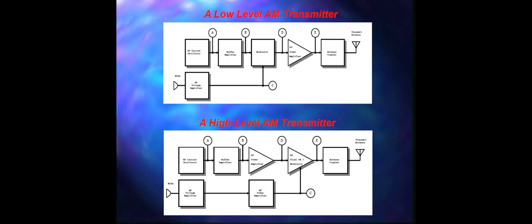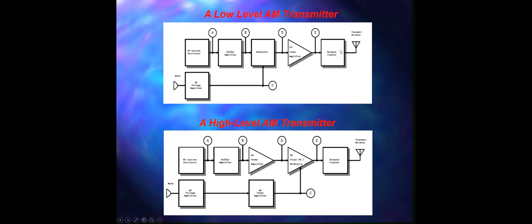They also help in matching the impedance. The other function of this antenna coupler is to provide filtering. It basically acts as a low pass filter, and this filtering reduces the amplitude of the harmonic energies that may be present in the power amplifier's output.